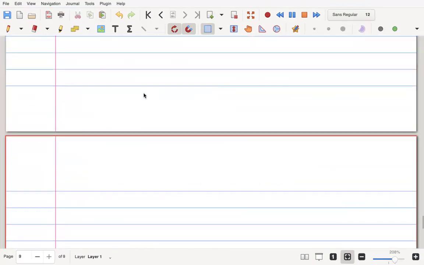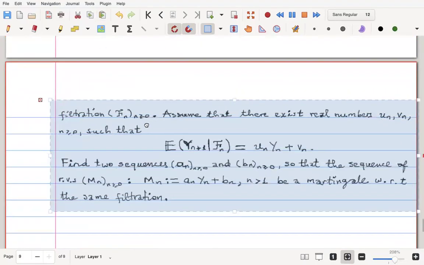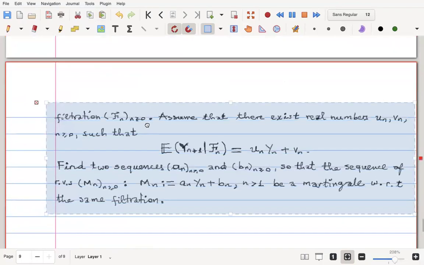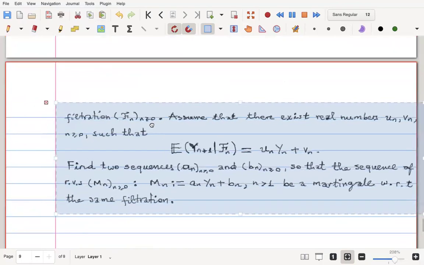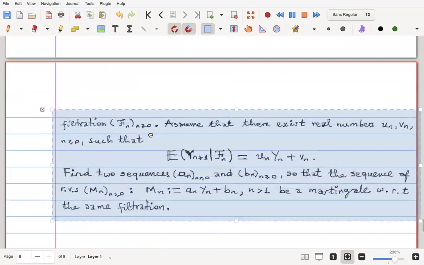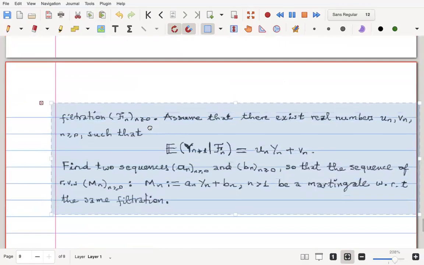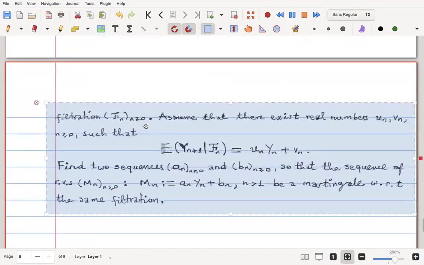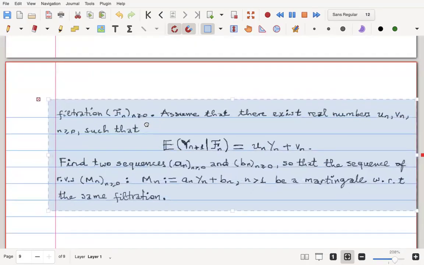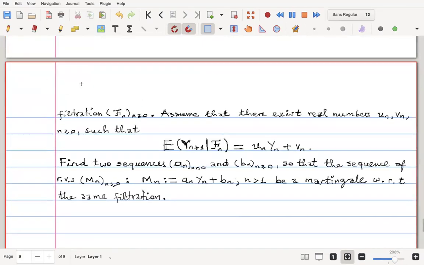Right, we are here. So I'll paste this. Okay, let's just leave it this way. And I'm also going to remove this part.